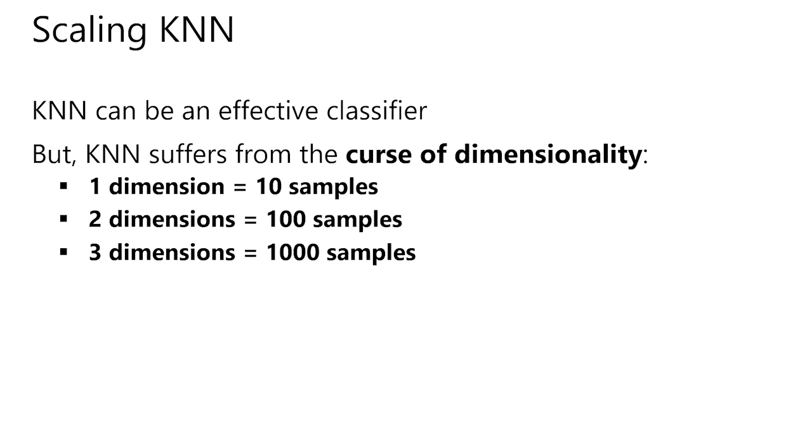If I have 3 dimensions, I need 1,000 samples. 4 dimensions, I need 10,000 samples. So if I had 10 features, I'd need 10 to the 10th samples, which is like 10 billion samples to get the density of my 1-dimensional case. This is what we call in machine learning the curse of dimensionality. It affects all machine learning, as I said, but it's particularly a problem with algorithms like K nearest neighbors. So just keep that in mind when you're working with algorithms like that.